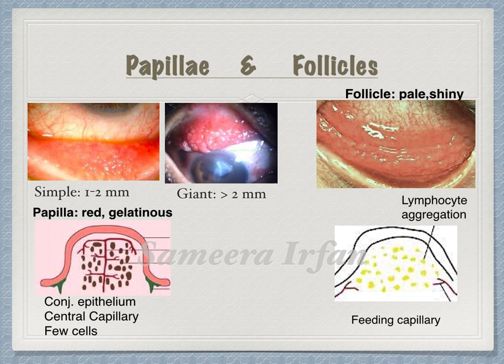An accompanying marked papillary response to a florid viral infection may hide the underlying follicle formation. Therefore, looking at the clinical signs, it's easy to differentiate between viral, bacterial, and chlamydial infections as well as drug toxicity.